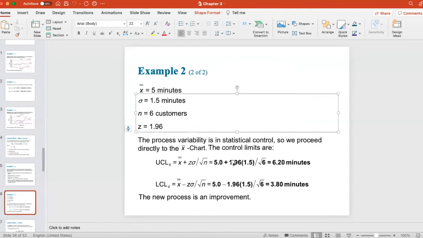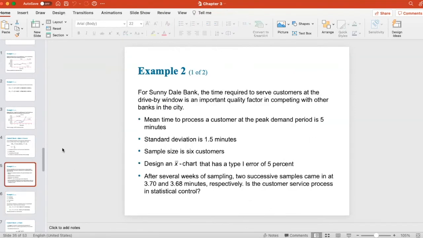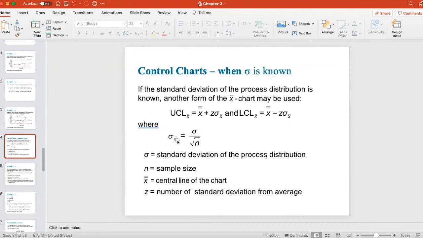Finally, since you know sigma, the standard deviation of the population, is 1.5, remember that before you use it within the equation, you need to divide it by the square root of n to get sigma X bar.